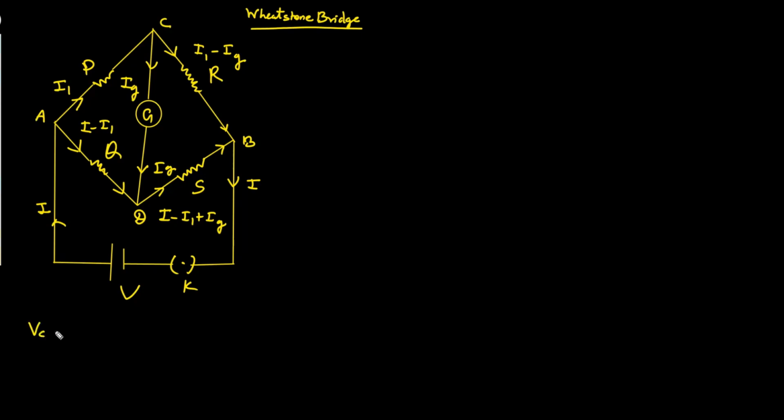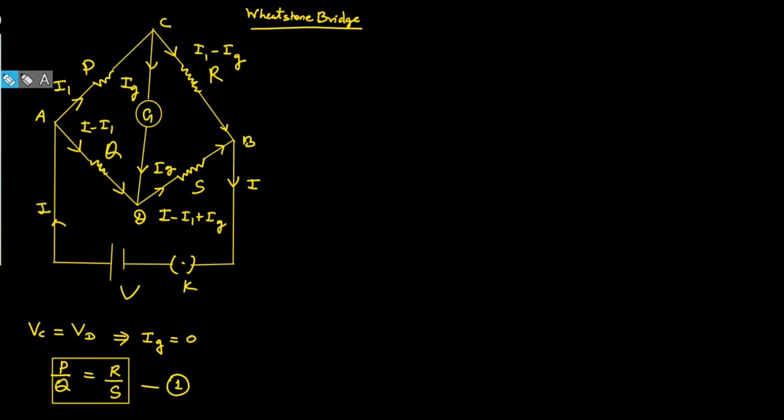When the potential of point C is equal to the potential of point D, in that situation the current through the galvanometer will not pass, and P upon Q will be equal to R upon S. This is the condition which we have to prove, or this is the basic principle of the Wheatstone bridge.